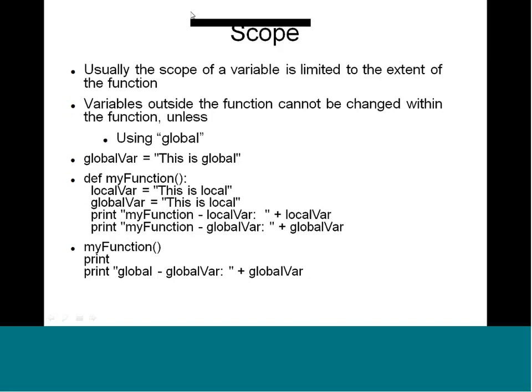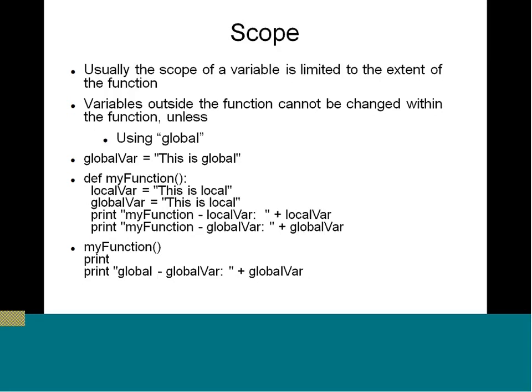The scope is limited to the extent of the function. Any variables outside the function cannot be changed within the function. So Python usually assigns a new variable with the same name and overloads that name, and then uses that within the scope. And then once you go out, again you don't see those changes.